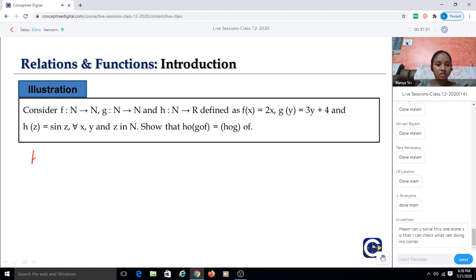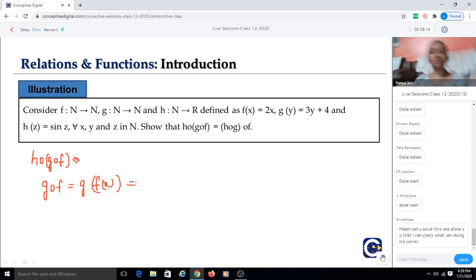So first here it will be h of g of f, that is our LHS. As we have to prove it is associative, first we have to find our g of f. So g of f is nothing but g of f of x. Initially I combined the whole thing and solved it, but as we have to prove it is associative, I am just splitting it as they have given here, so that it will be easy for us to prove.